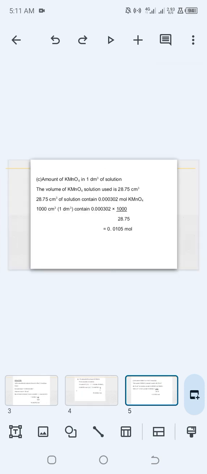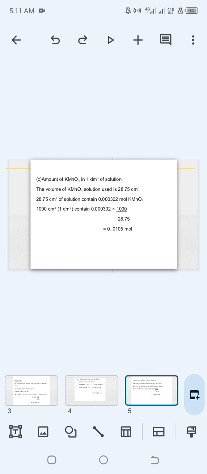The next question asks for the amount of KMnO4 in 1 dm³. That means the amount of KMnO4 in 1000 cm³. The volume of KMnO4 solution used is 28.75 cm³, so that shows it's not in 1000.